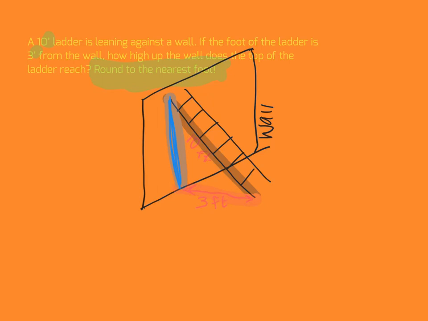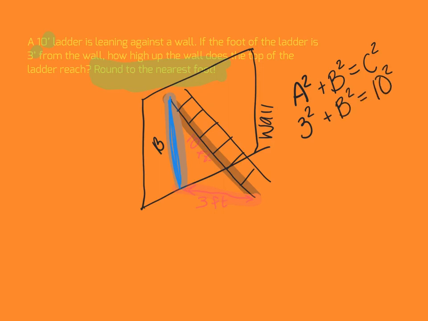So we get a squared plus b squared equals c squared. A is 3 feet, so 3 squared. We don't know what b is, plus b squared equals 10 squared. 3 squared is 9, so 9 plus b squared equals 10 squared, which is 100.